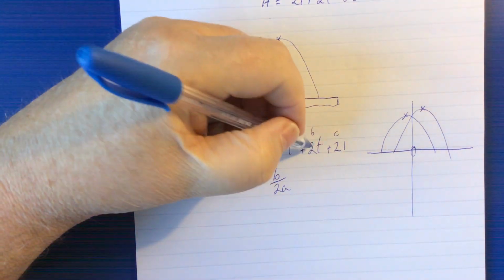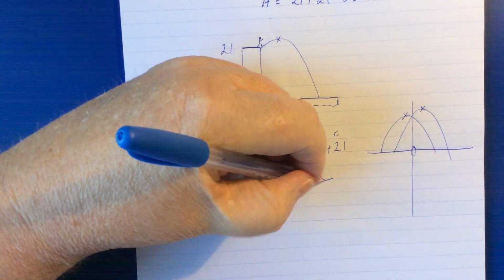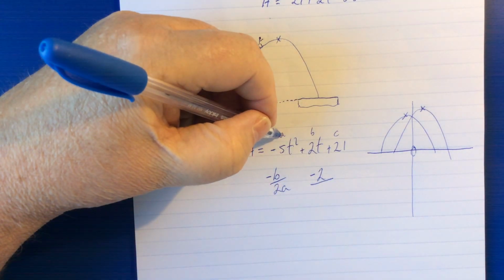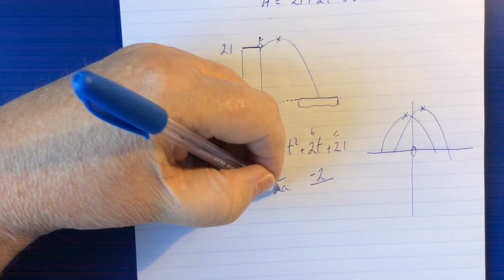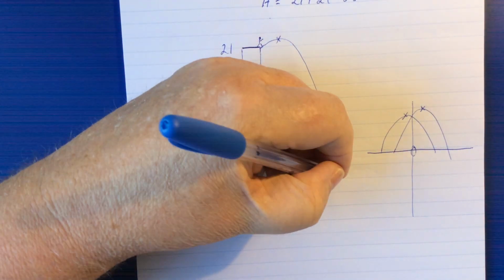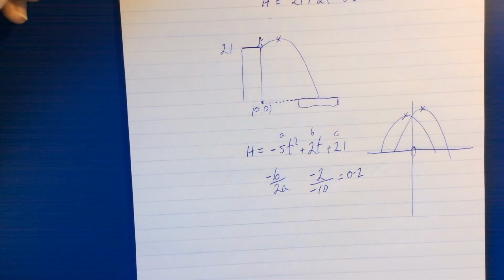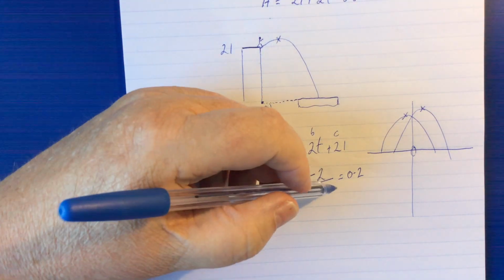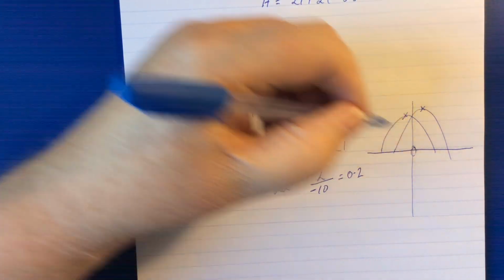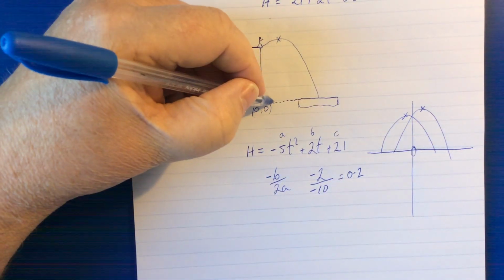So let's put the numbers in. That is negative 2 over 2 times negative 5, which is negative 10, and that equals 0.2. Well, that means that our midpoint is to the right of the y-axis. It's over here somewhere.